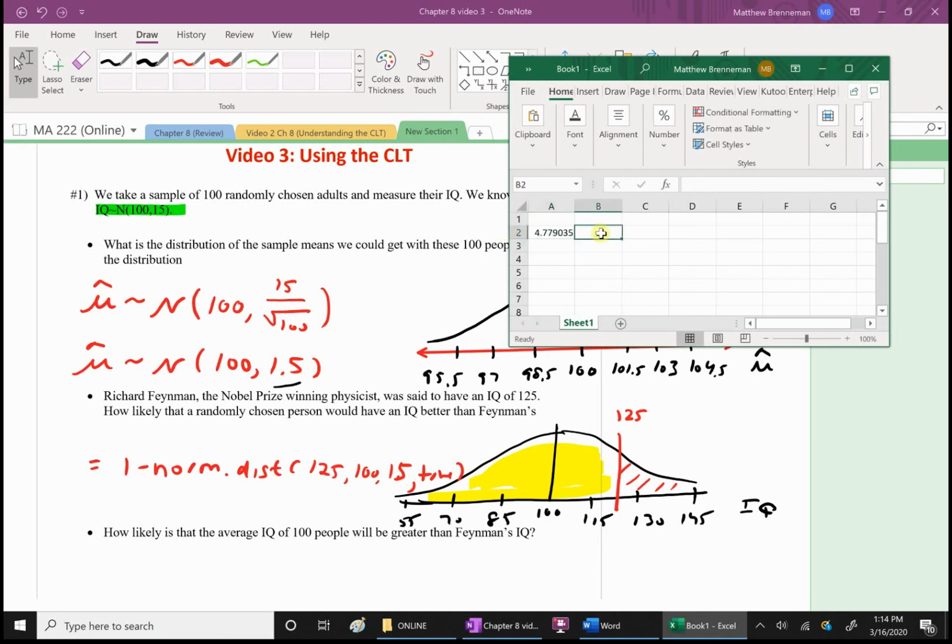And it ends up being roughly the upper 5th percentile. So there's roughly an 8% chance that a person could have an IQ higher than Feynman's.